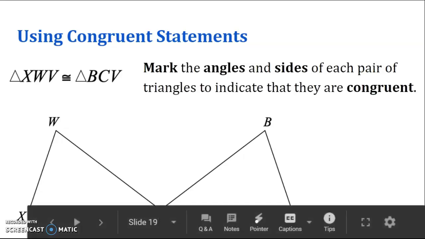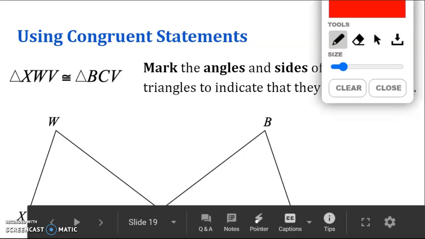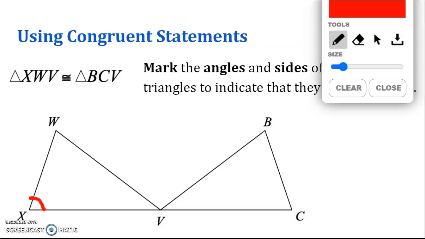X corresponds to B, so I am going to mark it here. Just because they kind of look like X should match with C, you cannot do that. You need to go from the statement here.